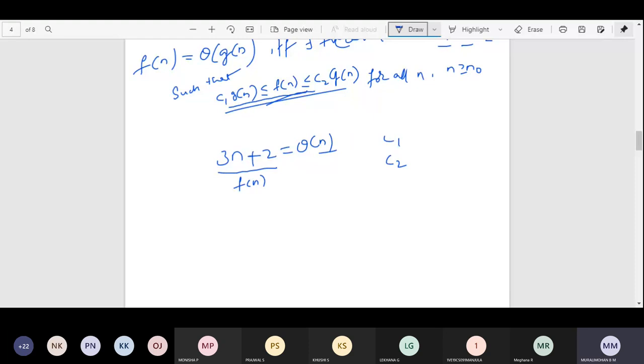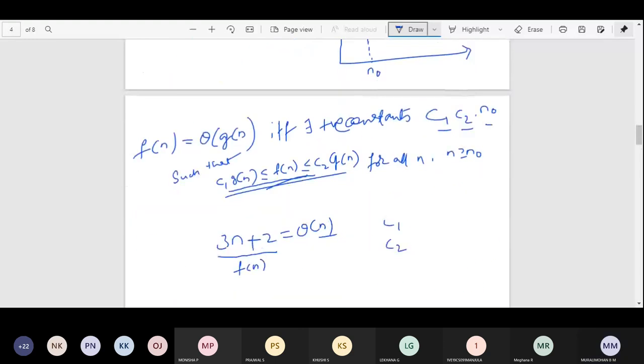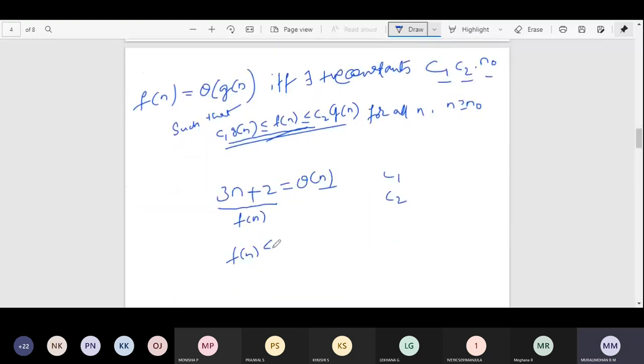How to define? First you define f of n. According to this diagram, f of n is less than C2 g of n. So how to prove this? 3n plus 2 is less than or equal to what value should I take for C2?